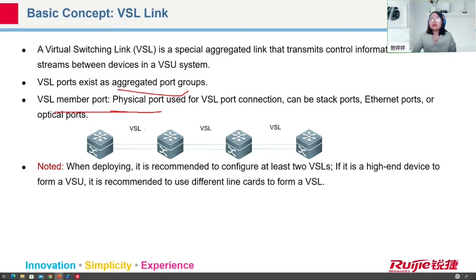And pay attention, in your network between two devices, we suggest at least 2 VSL links because this is very useful. On the link, we will do the configuration synchronization, right? And also some time synchronization. And another use is, after we calculate the forwarding table, we will use the VSL link to forward it to all the member devices.